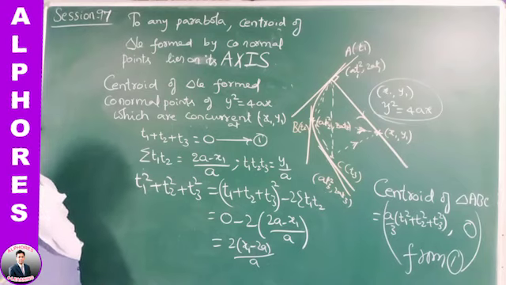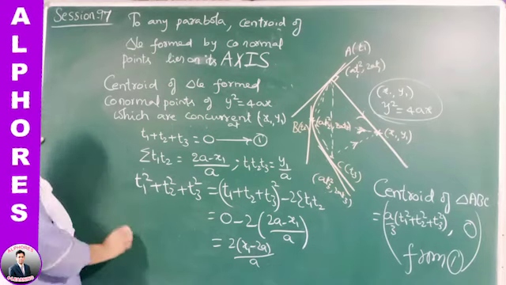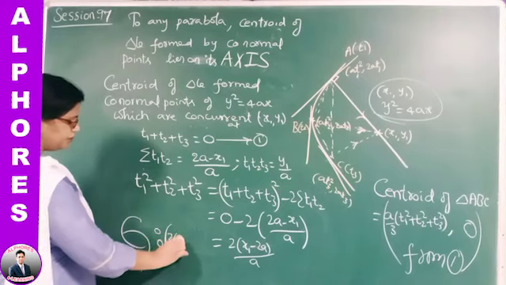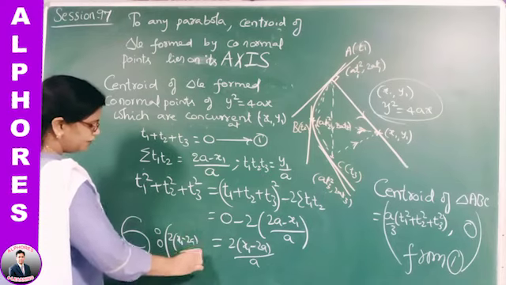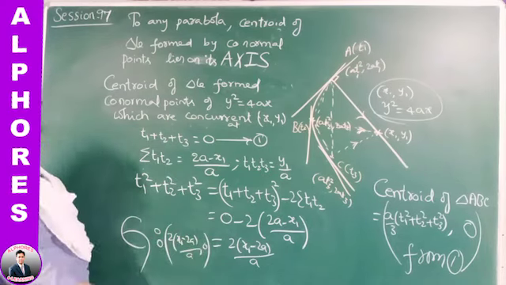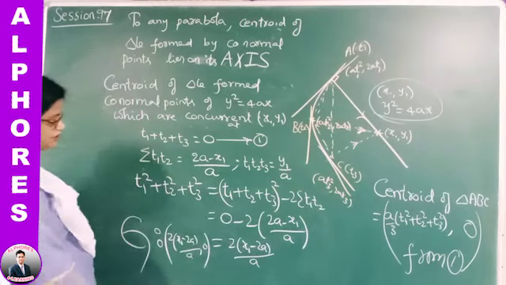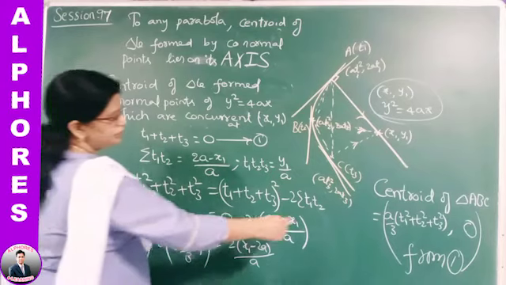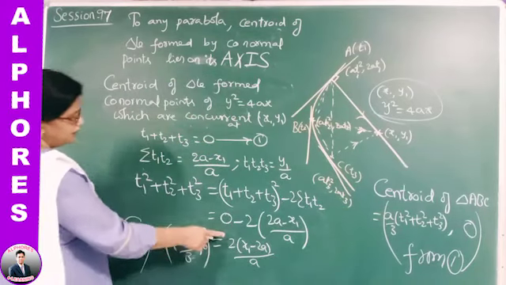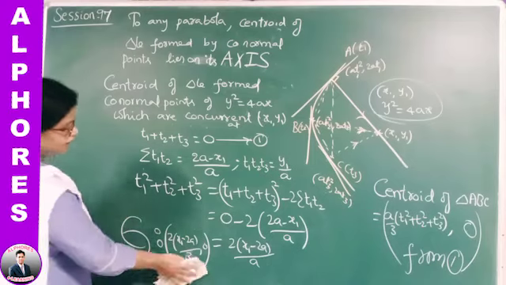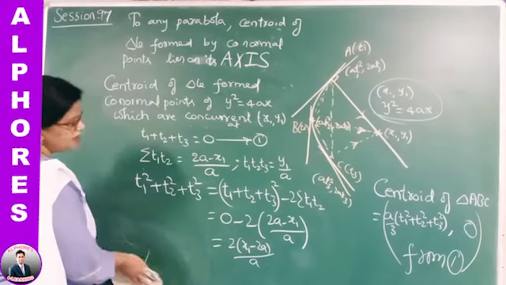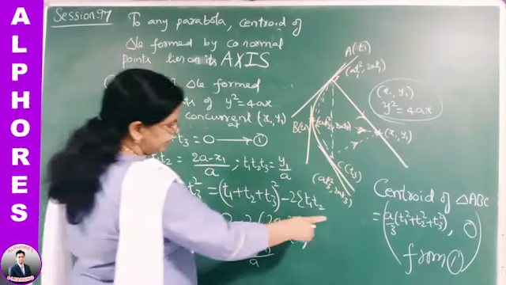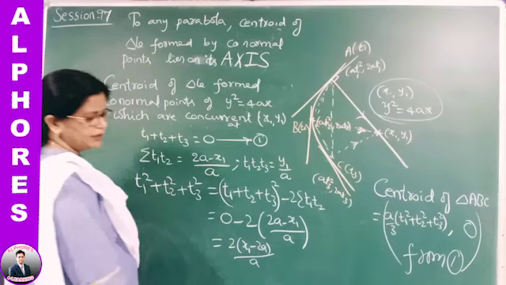Hence for the centroid G, it is 2 into x1 minus 2a divided by a comma 0, right? Here a by 3 extra you are having, so a and a get cancelled, and you are multiplying by a by 3. This is the simplified form, and you can substitute in this formula, and a and a get cancelled, so 2 by 3 times that value.